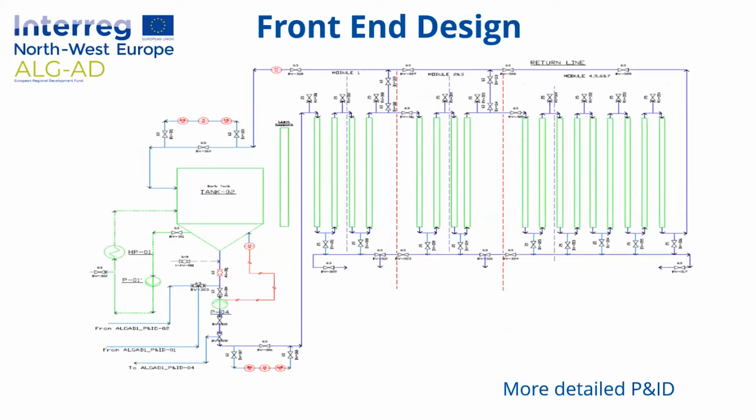So in terms of the photobioreactor itself, which is really the subject of this talk, what we've got here is a P&ID, or process and instrumentation diagram, a schematic, if you will, of the actual reactor itself. So what you can see in the left-hand side here is the main tank.